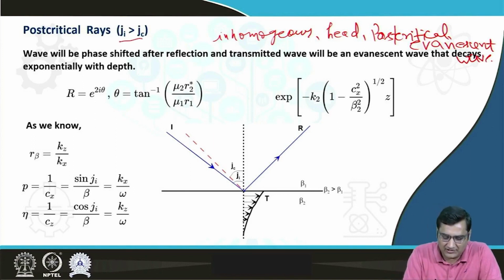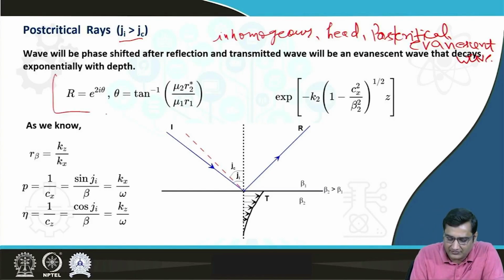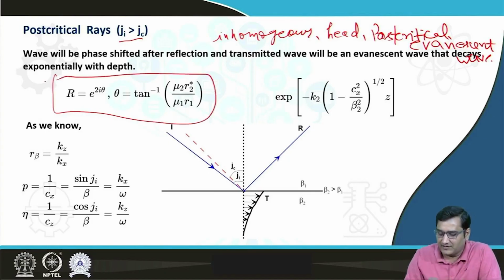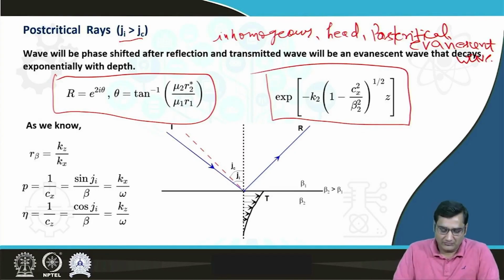That is what is written here. When the incident angle is larger than the critical angle, the reflected wave will be phase shifted, and the transmitted wave will be an evanescent wave that decays exponentially with depth. So this is the reflection coefficient for the reflected wave, and this is the amplitude decay of the transmitted wave.